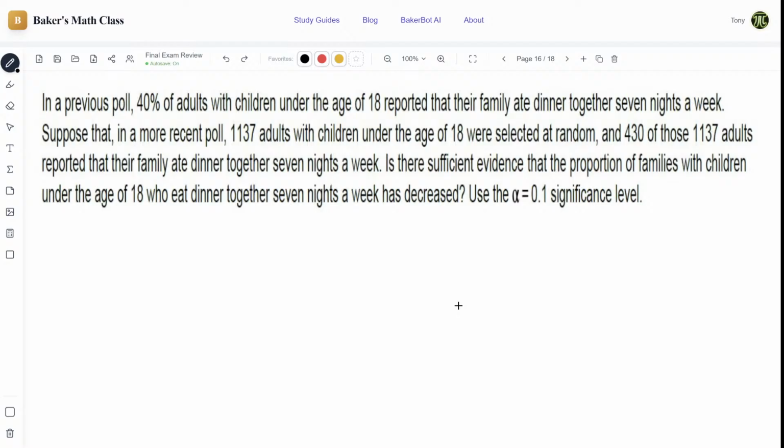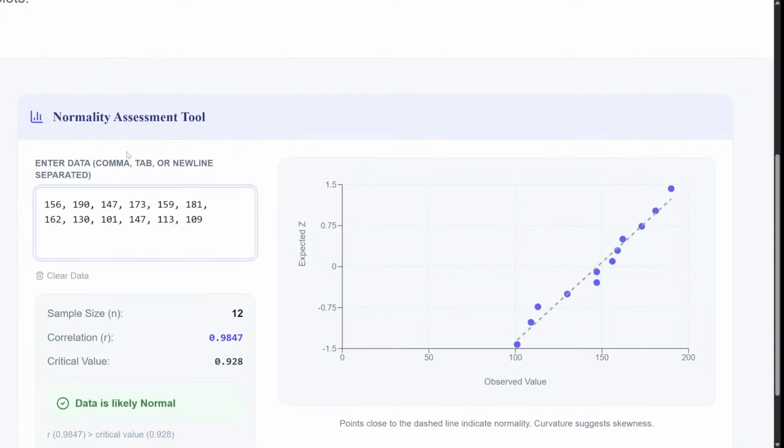So this is a hypothesis test. Which one is it, proportion or mean? Proportion. So we're going to use a proportion test.